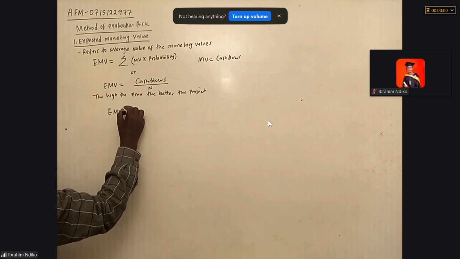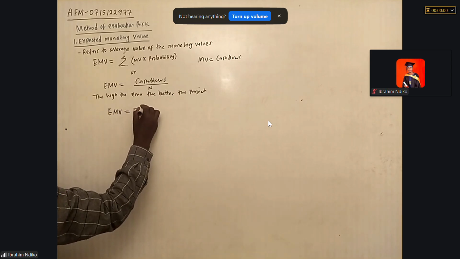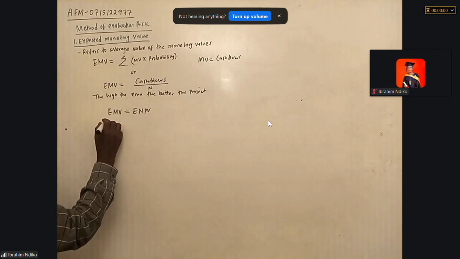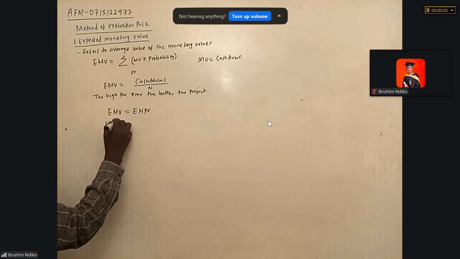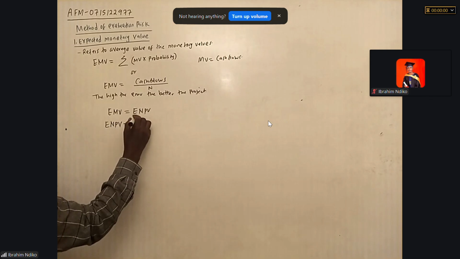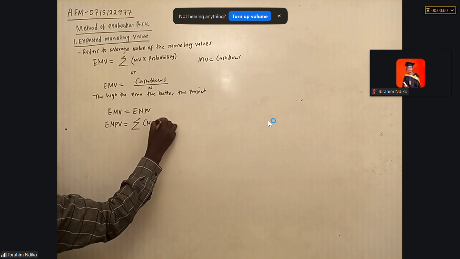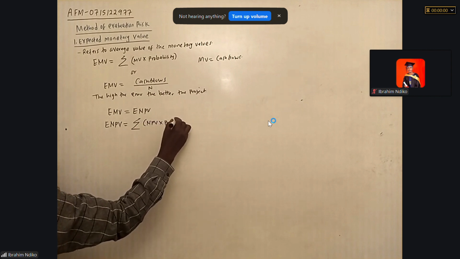Now, this EMV formula can also be used to calculate expected net present value. How do you compute expected net present value? Using this method, the expected net present value is equal to the summation of the NPV times probability.